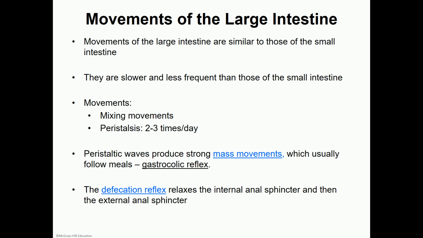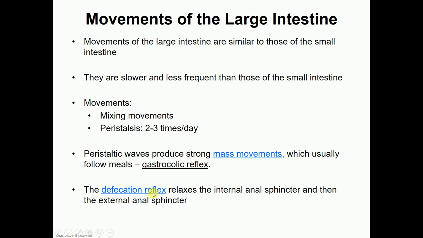That reflex starts with the stretch of the stomach with either eating or drinking, and that will initiate the mass movement in the colon in order to defecate. It's a very common thing that patients tell you, I cannot have a bowel movement without eating something. And that is due to the gastrocolic reflex.